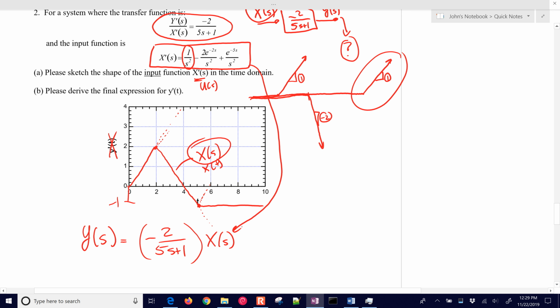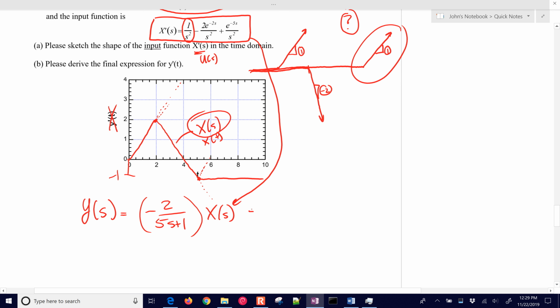I'll plug that in, and then we'll multiply this out with all of our terms. So minus 2 over 5s plus 1, and then 1 divided by s squared. And I'll have minus 2 over 5s plus 1, and this one is going to be a positive now.